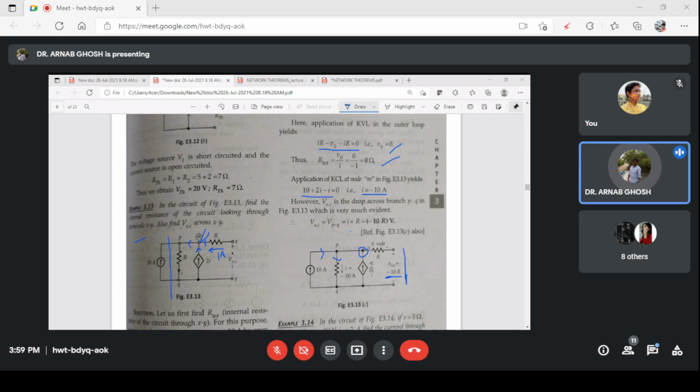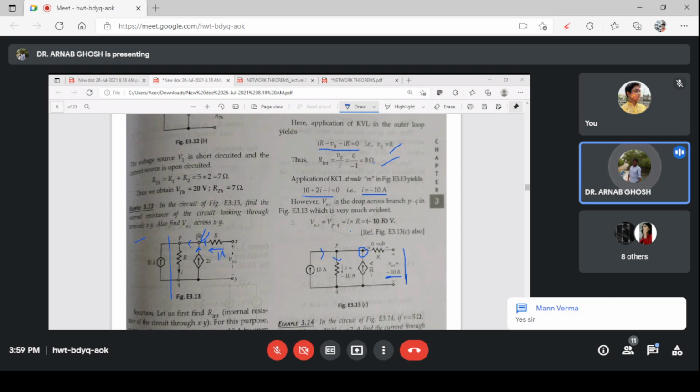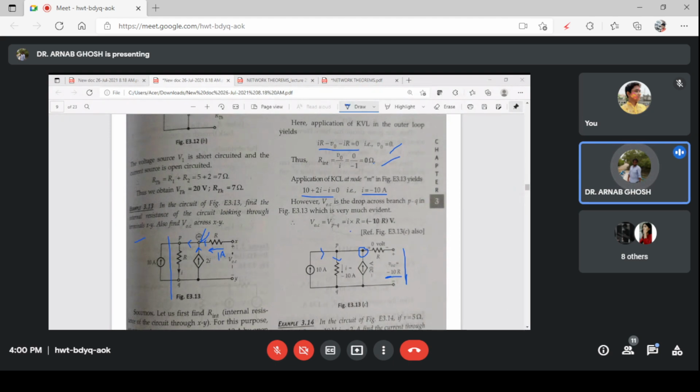Actually, this circuit theory, if I do not do it on the board in front of you, sometimes becomes very difficult to make you understand, because drawing the circuit here is very difficult. So I would try to figure out if there is any different way, or you can suggest to me if there is any software where I can draw the circuit and write the equations as well.